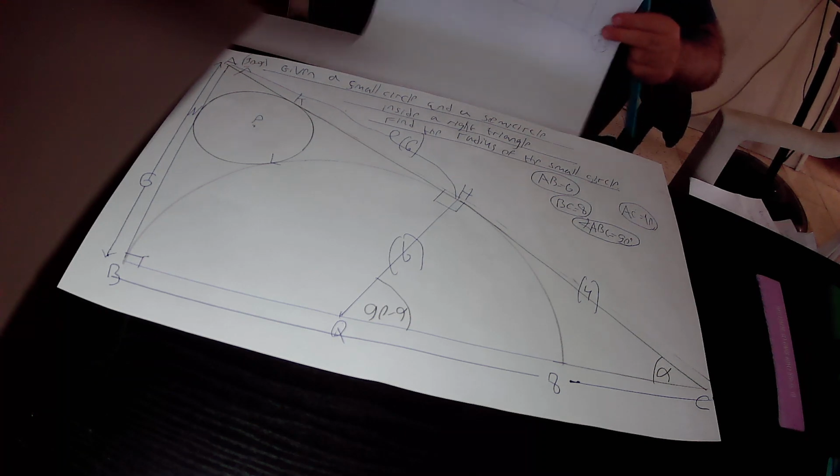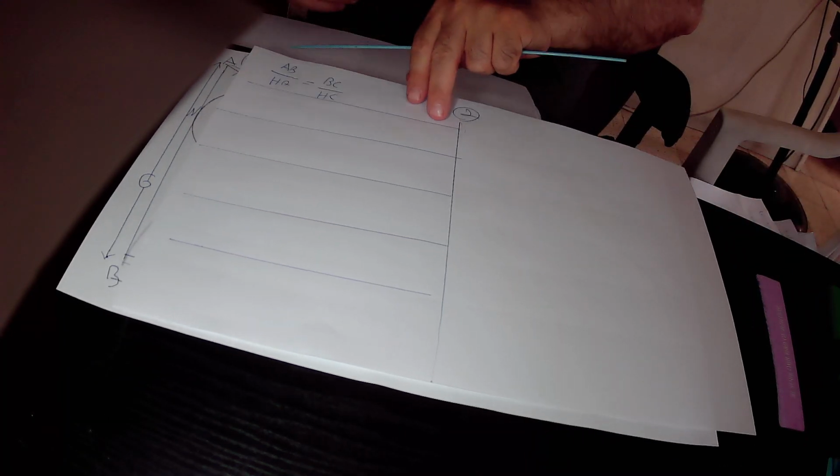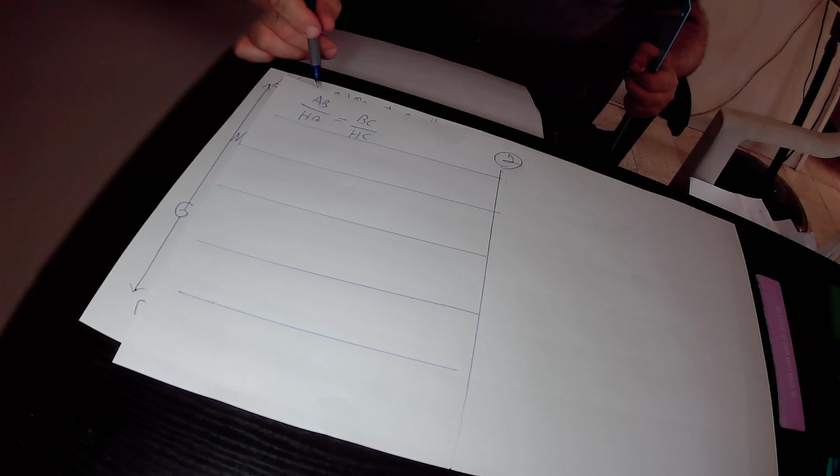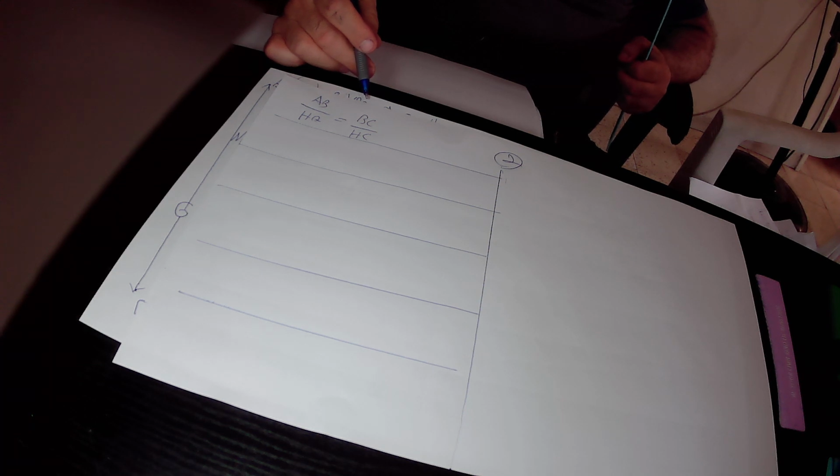Repeat again: side AB over side HQ equals side BC over side HC.